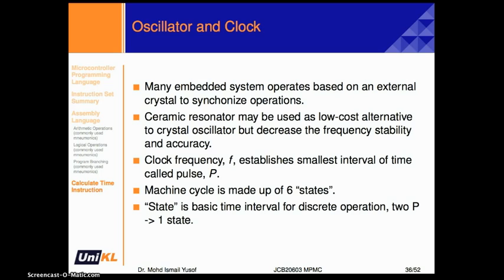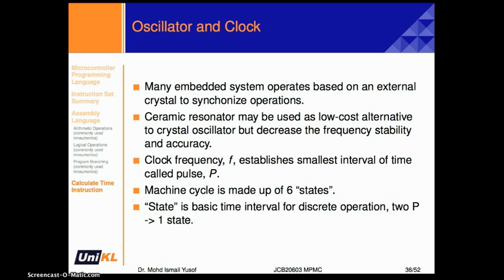Looking at the human biological system, we require our heart to generate pulses to circulate the blood around our body, and in order to synchronize our movement, hand movement, our walking movement, how we think, and so on.